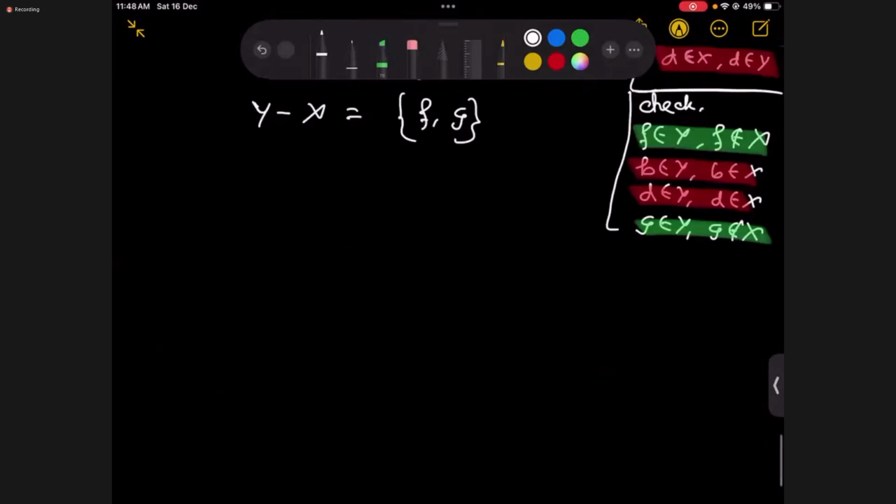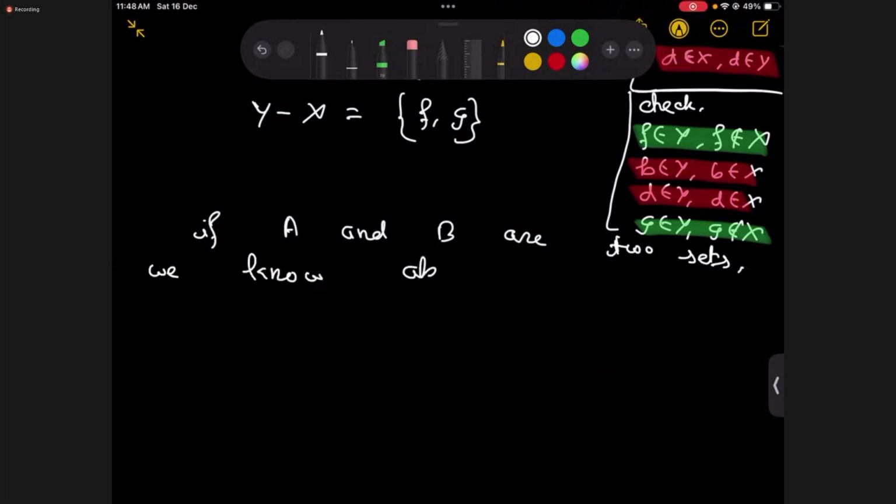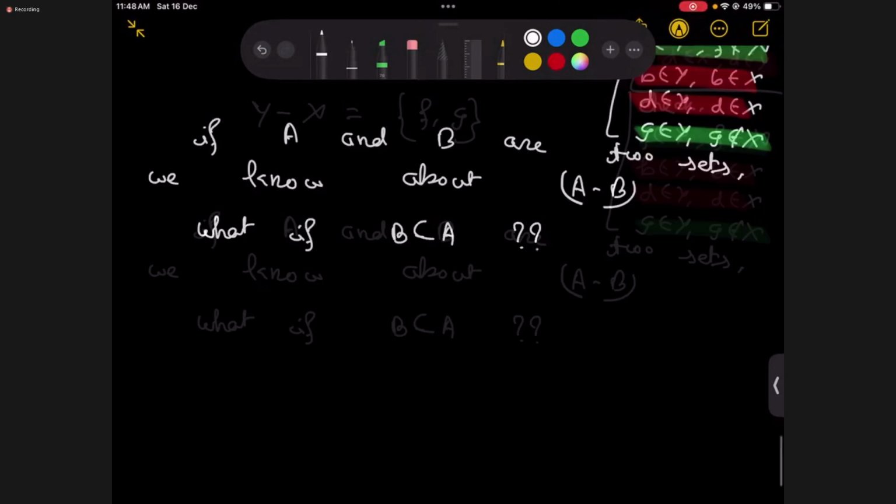So if A and B are two sets, we know about A minus B. One thing: what if B is a subset of A? So take one example.